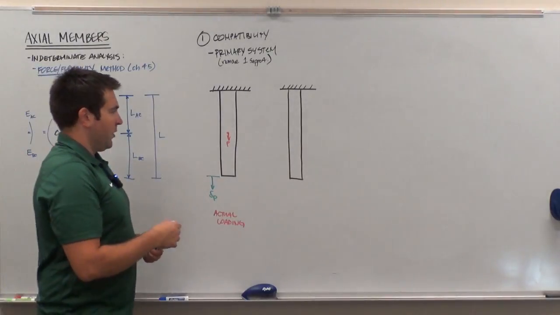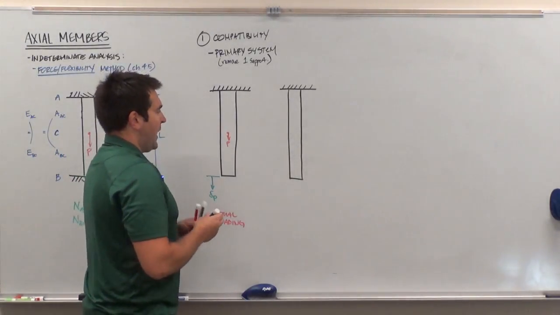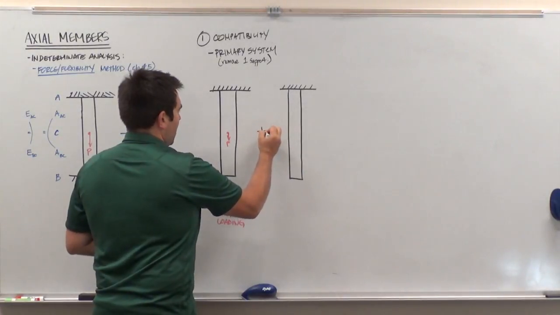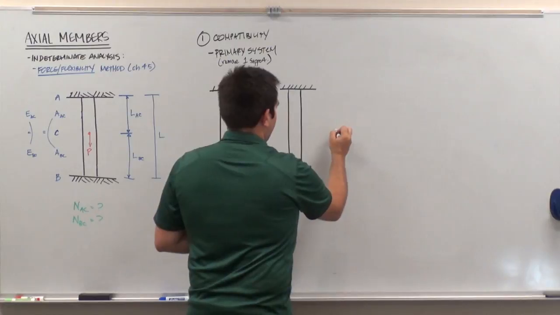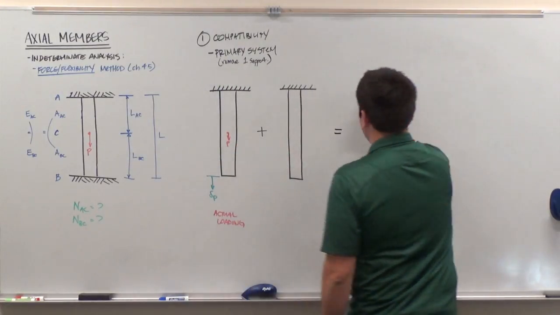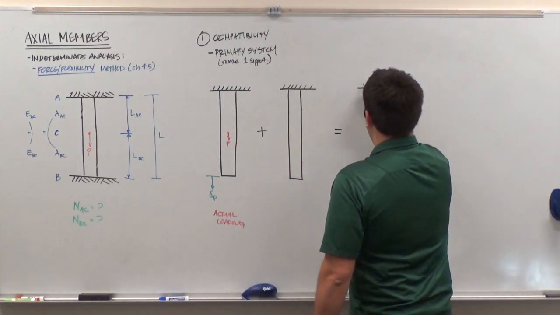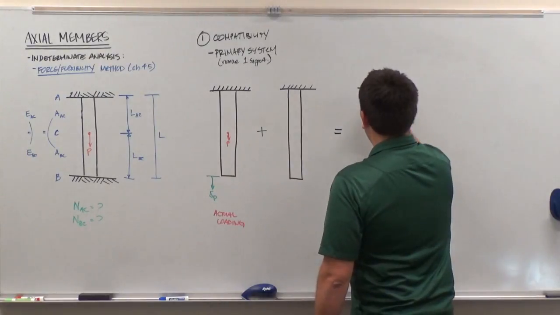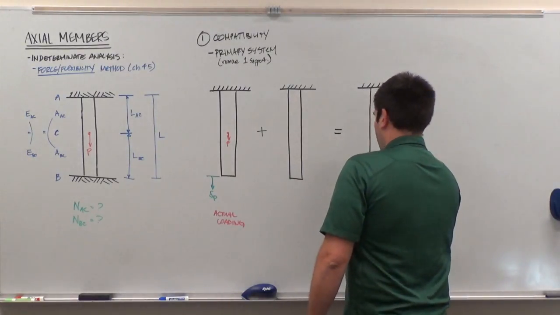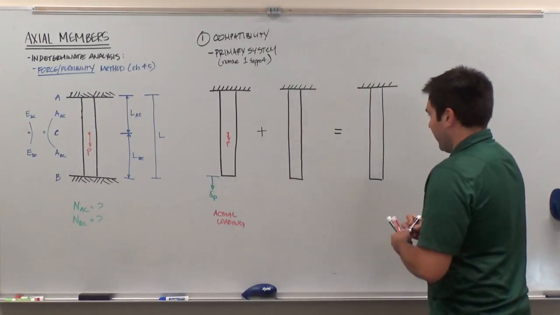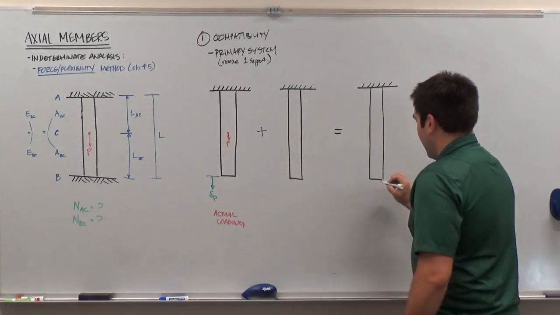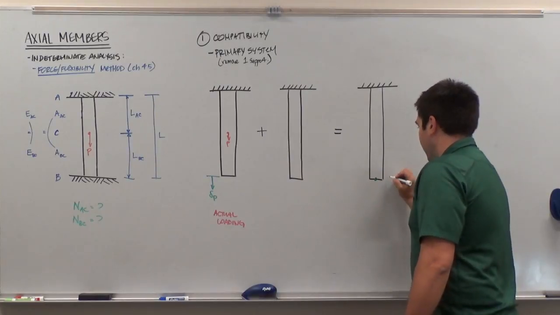And the second consideration would be, well, I need to add some loading to this primary system so that the summation, the superposition of those two together ends up with zero deflection at that free tip.